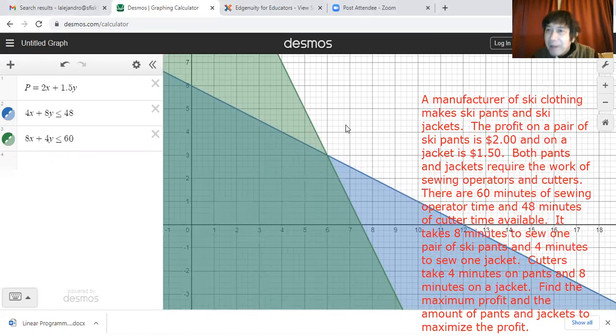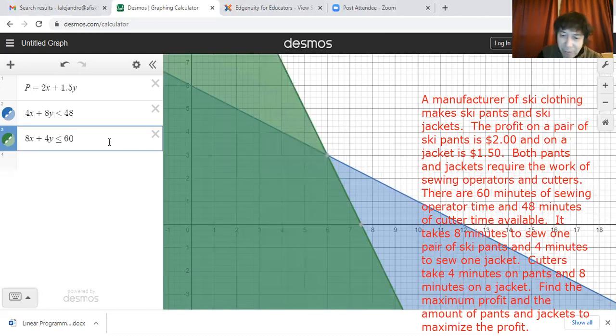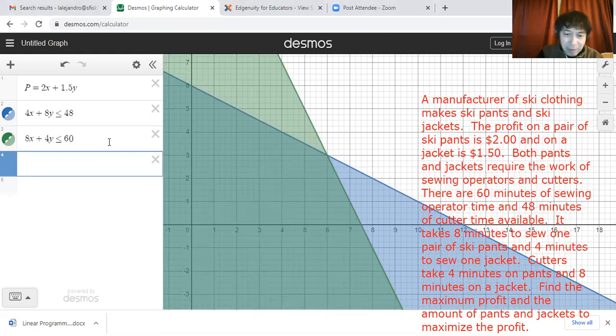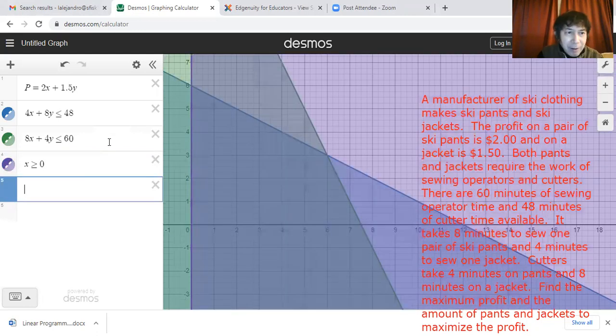We don't forget that the two variables cannot be negative, so we will have to include some more. We will have to include x cannot be negative, so that means greater than or equal to 0. Also the jacket cannot be negative.